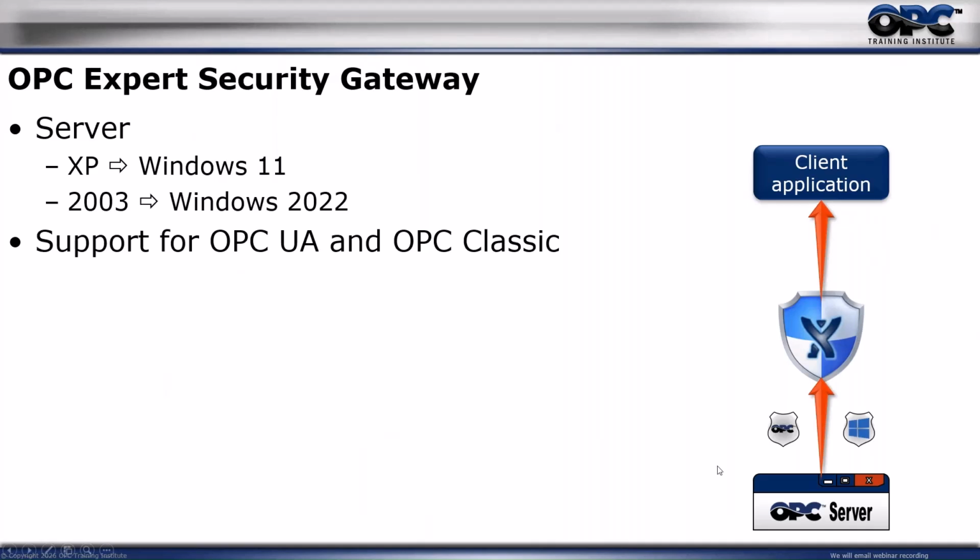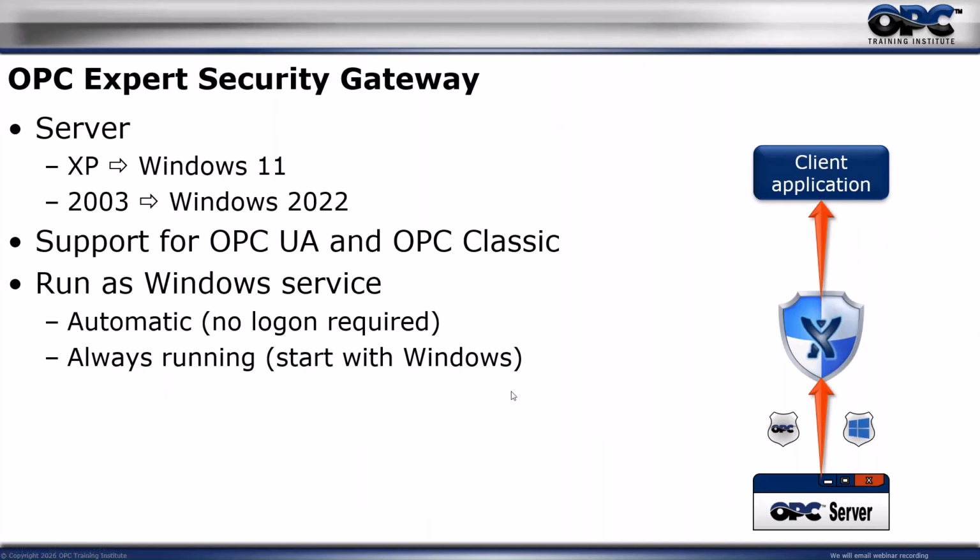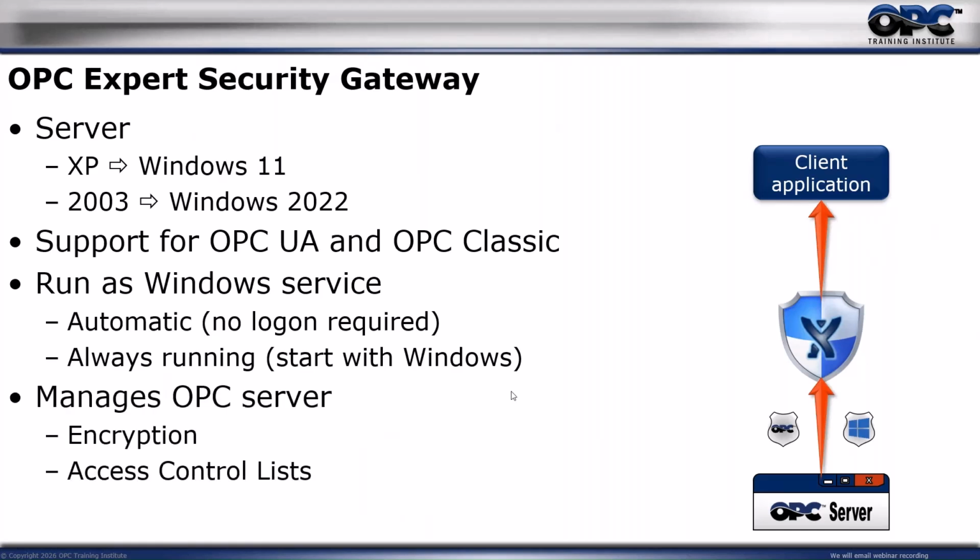So no matter whether your server down here is OPC UA or OPC Classic, OPC DA, it doesn't matter. This one here brings all that data across. And it runs as a Windows service, which means it's always running as soon as Windows starts. It starts immediately. And it's automatic, meaning there's no logon that's actually required. It'll start up automatically with Windows, which is typically what we want in automation.